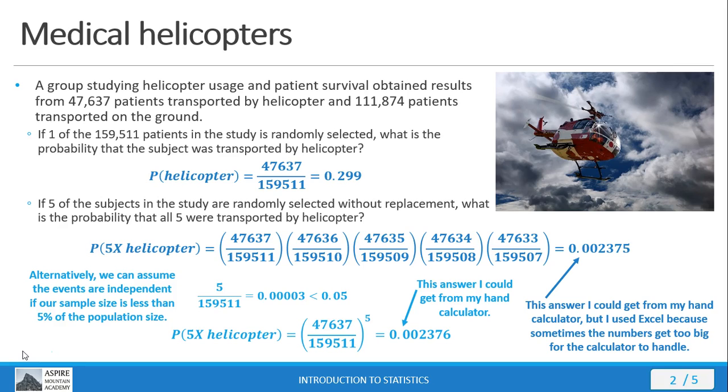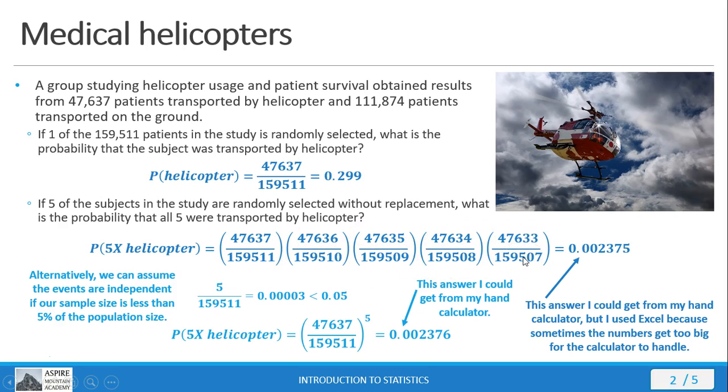So one other thing I want to keep in mind is that you can do this either way. But if you decide to do it using the dependent events, so you're calculating it with all of this long list of stuff, sometimes these numbers get really big when I punch it in my calculator.